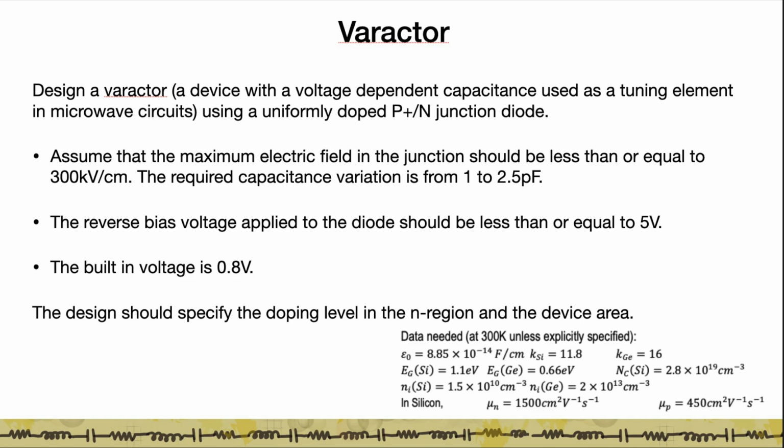The required capacitance variation is from 1 to 2.5 picofarads. The reverse bias voltage applied to the diode should be less than or equal to 5 volts. The built-in voltage is 0.8 volts. Your design should specify the doping level in the N region and the device area.